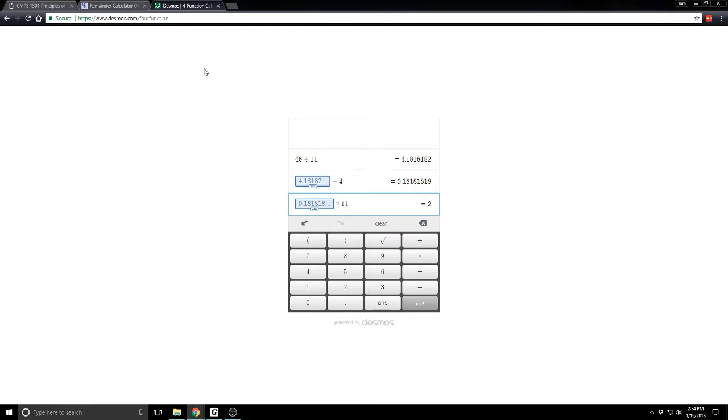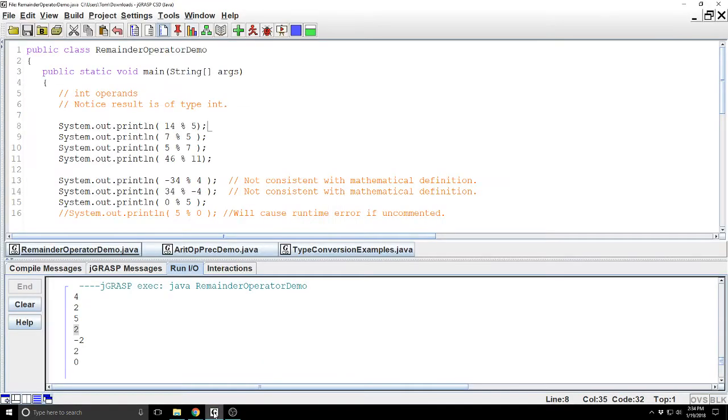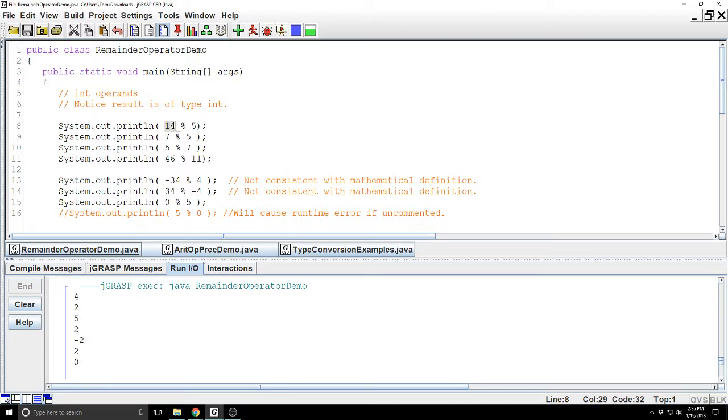So that is the most important parts of the remainder operator. One of the main uses for this is in dealing with times. Say for instance you had a time, like 7 o'clock, and then you wanted to know what the time would be 10 hours later.